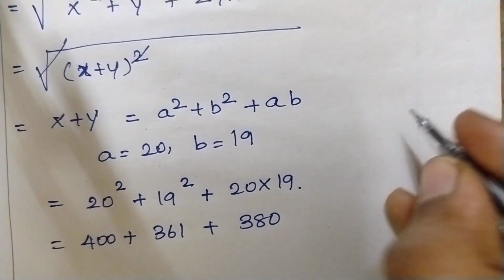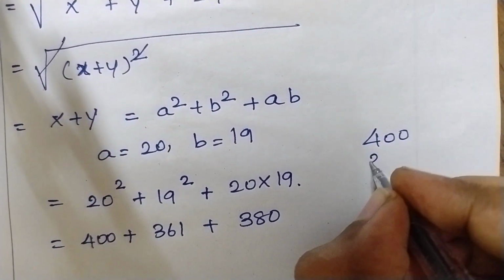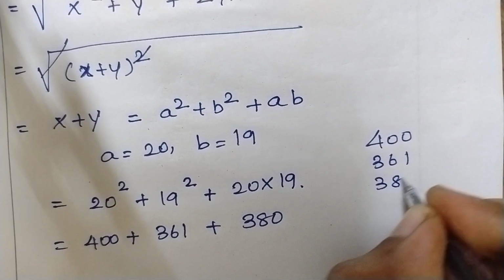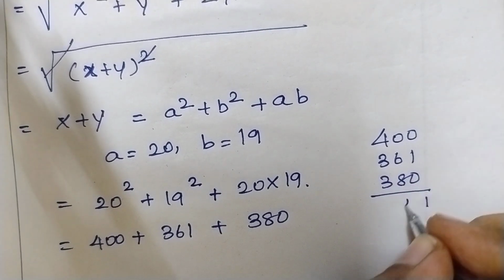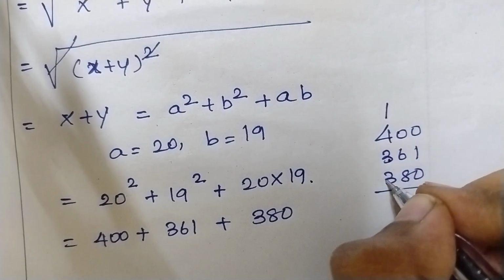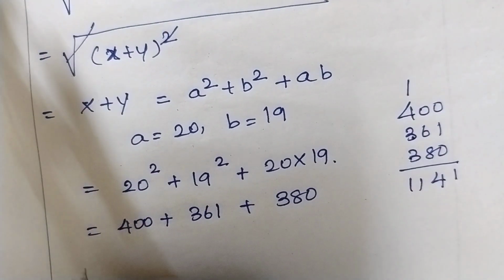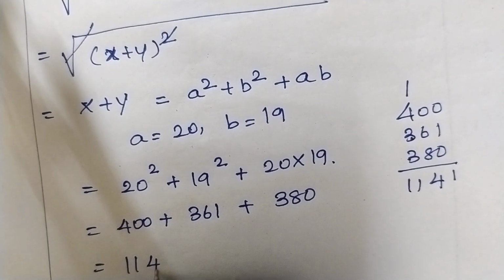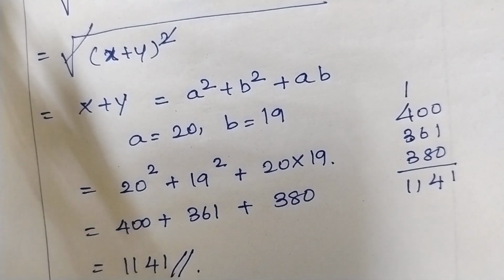So if we add everything, 400, 361, 380: 1, 2, 4, balance 1, 7, 10, 11. So the answer for this question is 1141. So this is the final answer.